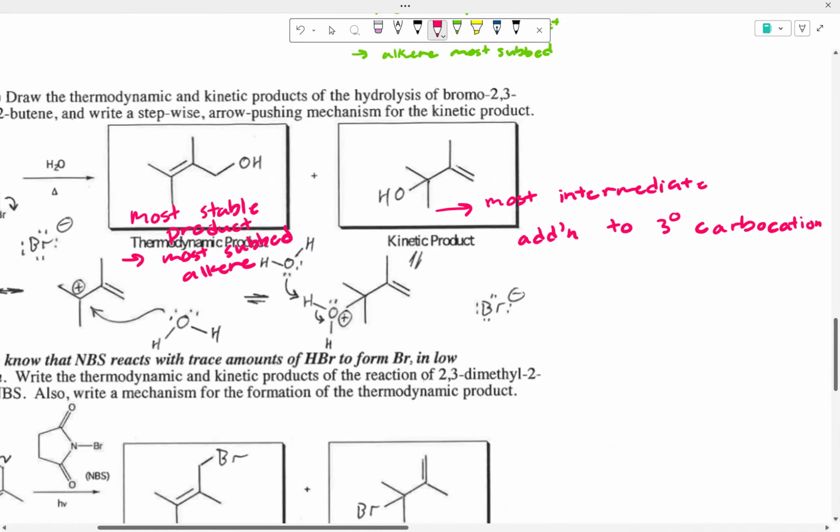And it doesn't always have to be the tertiary carbocation if that doesn't exist. Remember that it follows this order: tertiary is better than secondary, better than primary, and then better than methyl. Most stable intermediate.